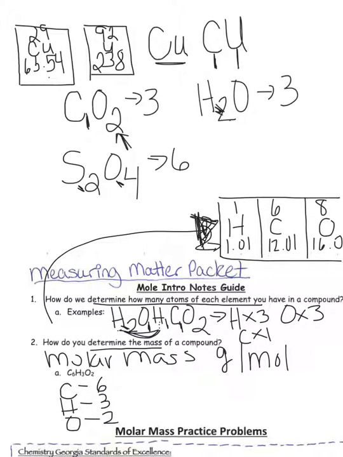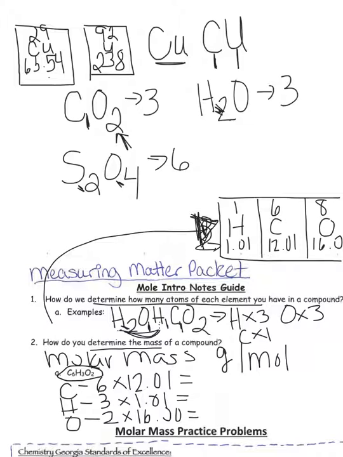So, since there's 6 carbon, we're going to multiply 6 times the actual mass of carbon, 12.01, and hydrogen, 3 times 1.01, and oxygen, 2 times 16. We basically want the sum of all the atomic masses, or the sum of all the masses inside of this compound.